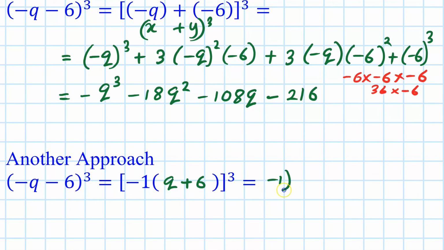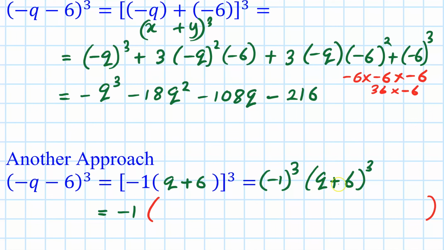Then you apply the power 3 using index laws, and (q + 6) also gets the power 3. Now (-1) to the power 3, -1 times -1 times -1 is -1. Okay, let me put a big bracket and then write down the expression here.